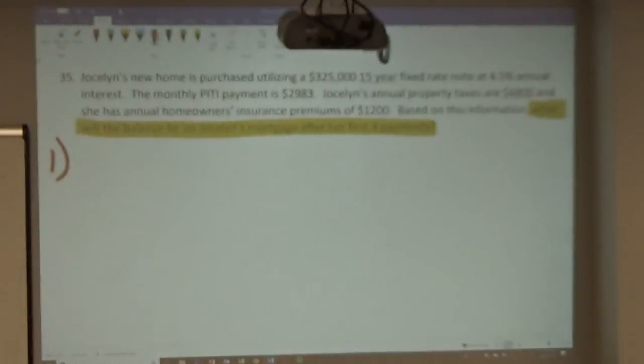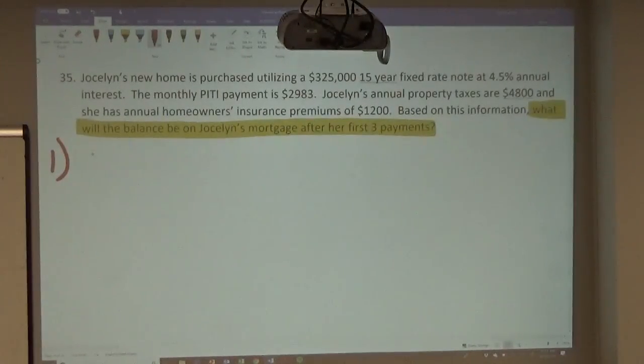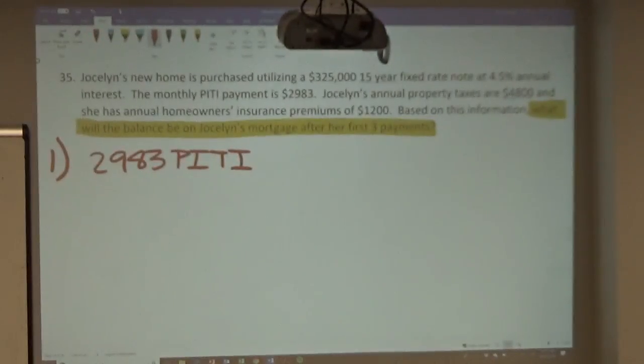So here's what we know about that monthly payment. The monthly payment is $2,983 for PITI. And we know we have to pay these things in reverse order. So we're looking at paying this first, this second, this third, and this fourth. So let's pay the insurance first.